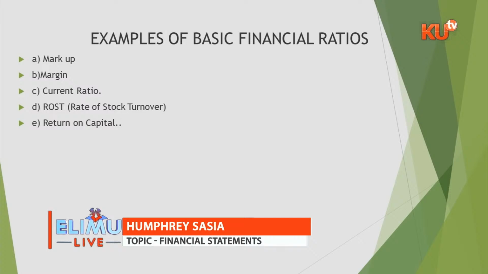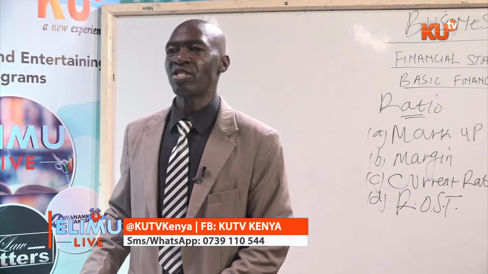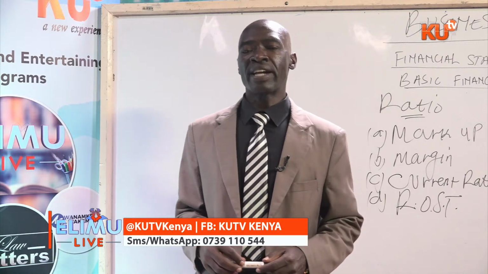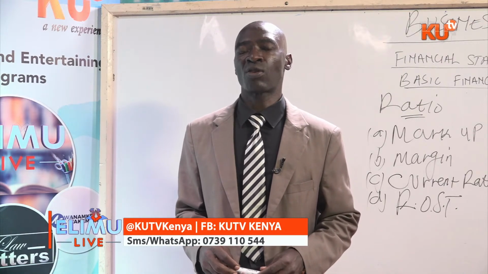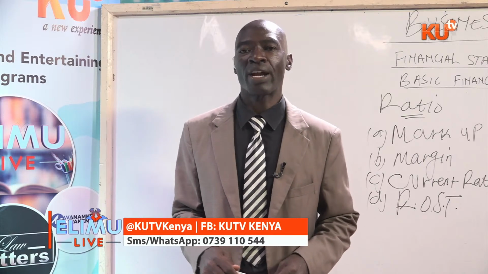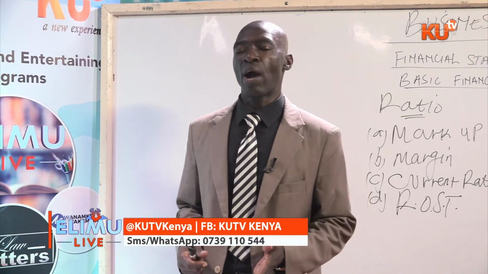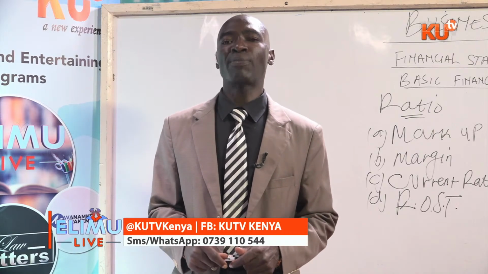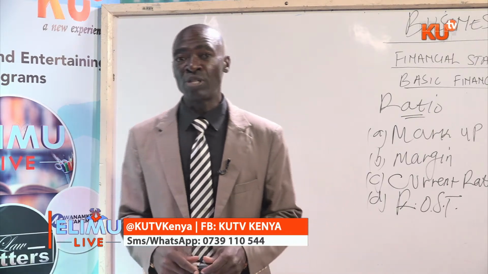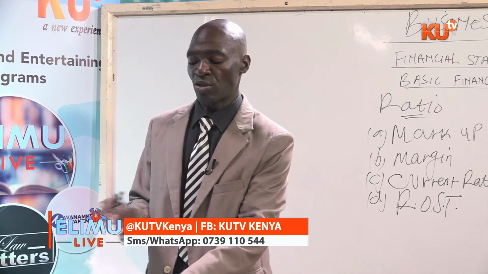And the fourth one, we have ROST. Those are examples of basic financial ratios. The first one is markup, the second is margin, the third is current ratio, and the fourth is ROST, rate of stock turnover. I want us to look at one after the other up to the end. That will be the objective of our lesson today.